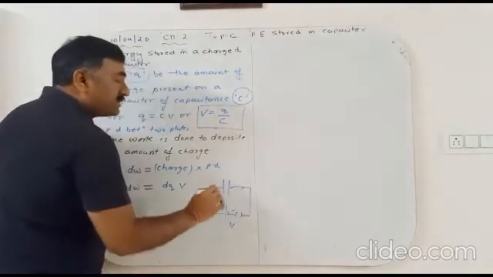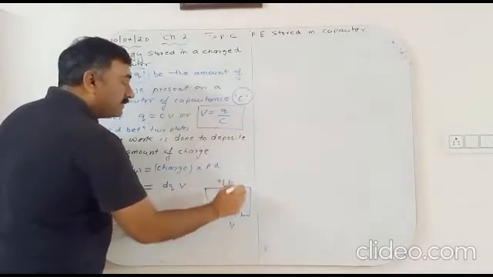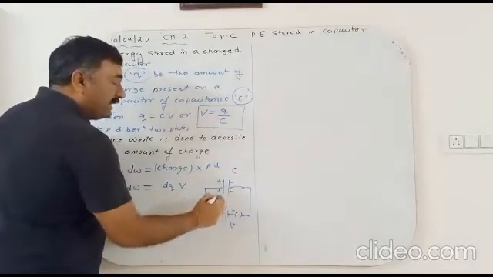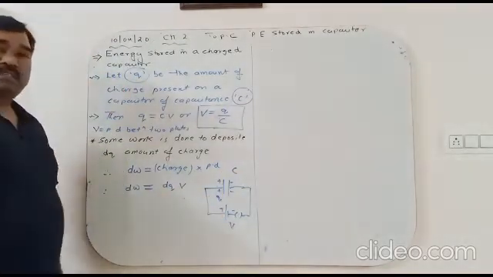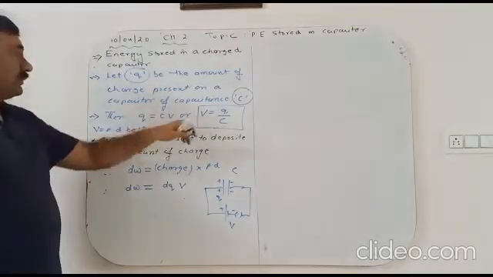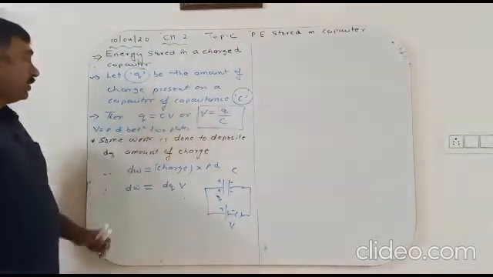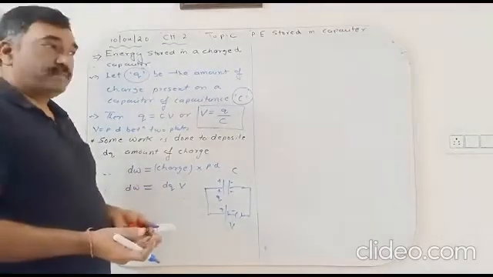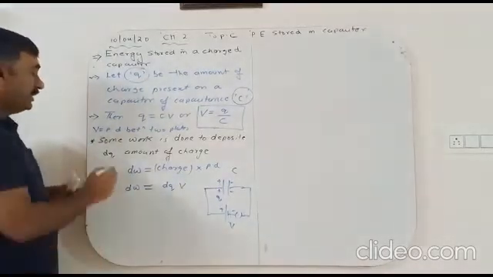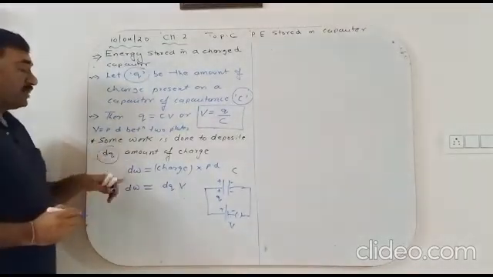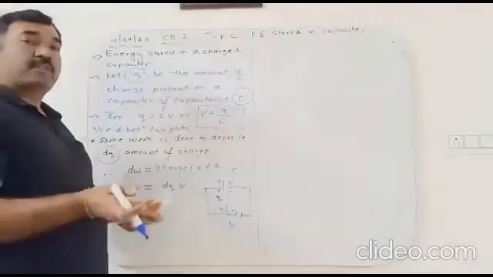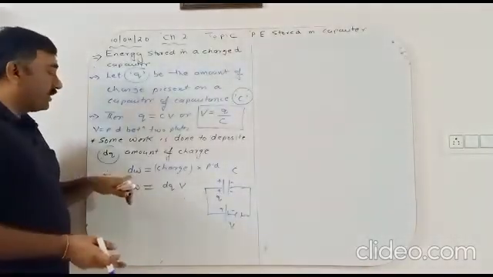So potential is constant. So here we have a capacitor of capacitance C, and Q is the small amount of charge present on it. So therefore V is equal to Q by C. And if you want to deposit some charge, you have to do some work. If dq is the amount of charge to be deposited on the capacitor, what is the formula for work done?